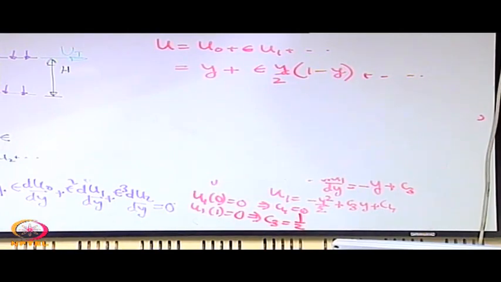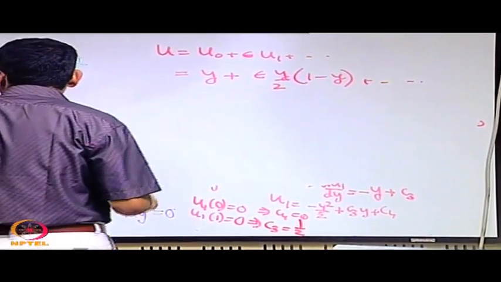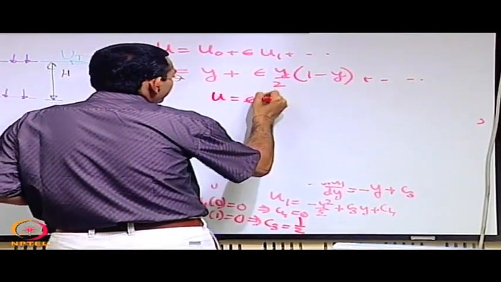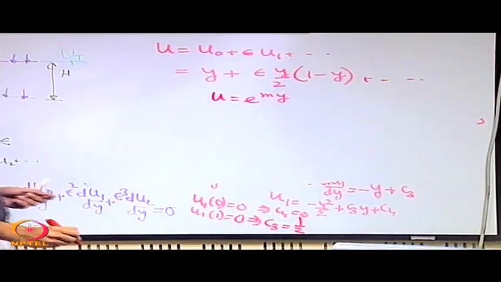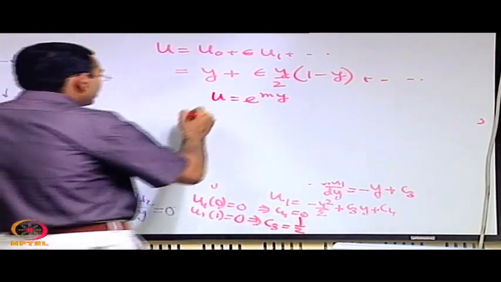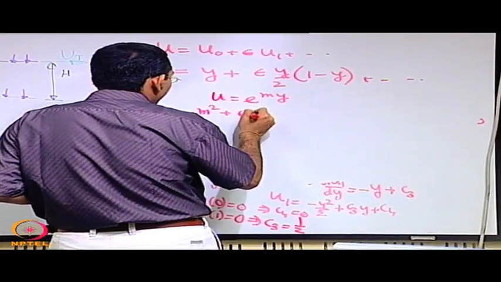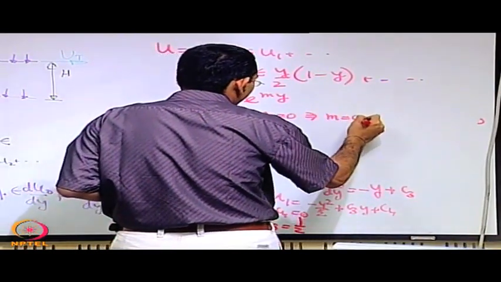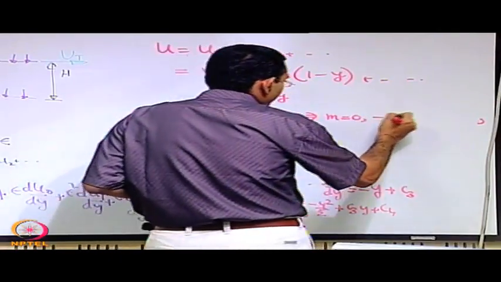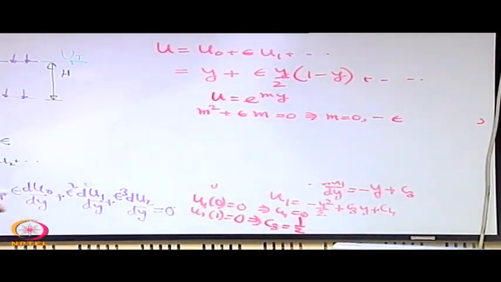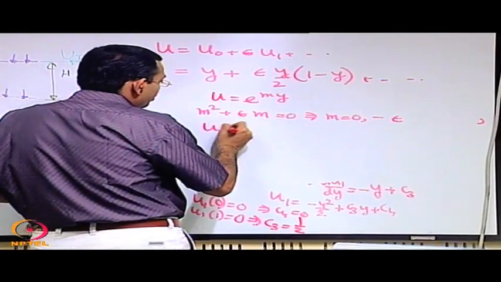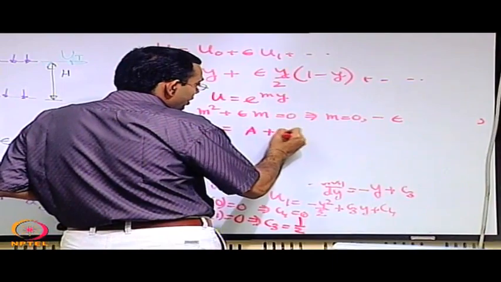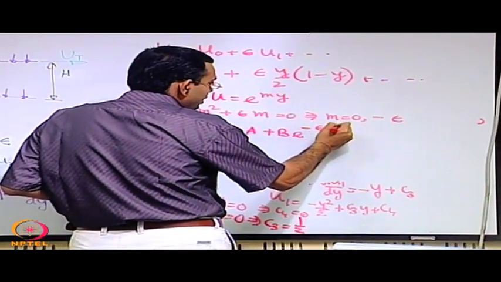If you compare this with the exact solution, let us find out the exact solution. If you substitute u equal to e to the power my as the trial solution, you have m square plus epsilon m equal to 0, that is the auxiliary equation. So m equals 0, minus epsilon. So you will have u equal to a plus b e to the power minus epsilon y.